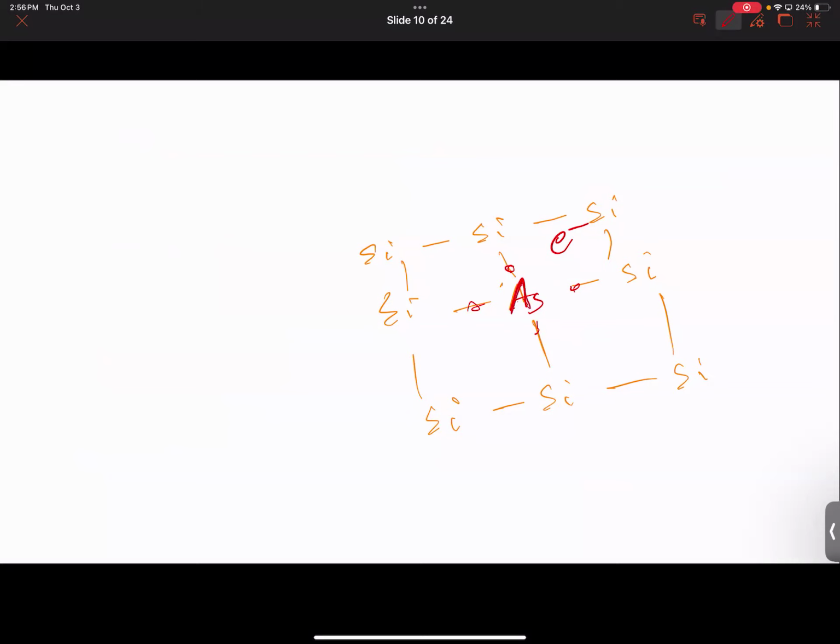Do you think this arsenic is a charge here? No, it's just an element. It's just an atom. It's not charged yet. It has 5 electrons. It just cares less about one of them and cares more about the other 4. So that one electron that is less cared for leaves the structure and moves away.